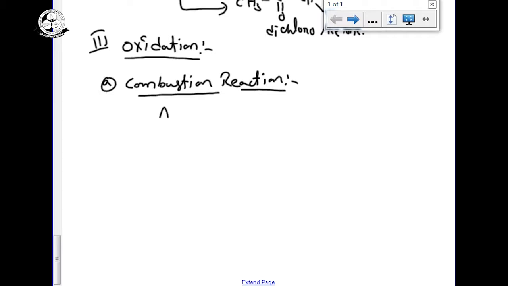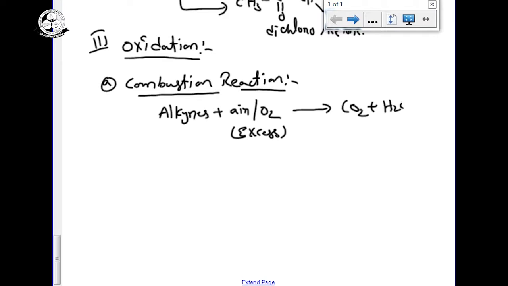So alkynes on reaction with an excess amount of air or oxygen give carbon dioxide and water and liberate a large amount of energy. Any hydrocarbon on combustion gives carbon dioxide and water and liberates a large amount of energy.